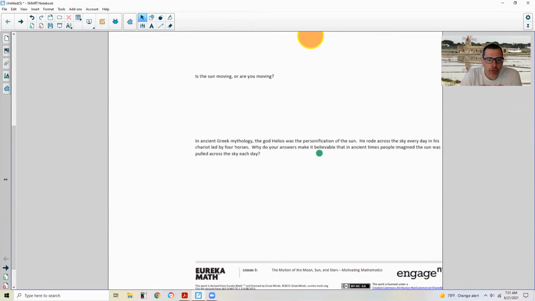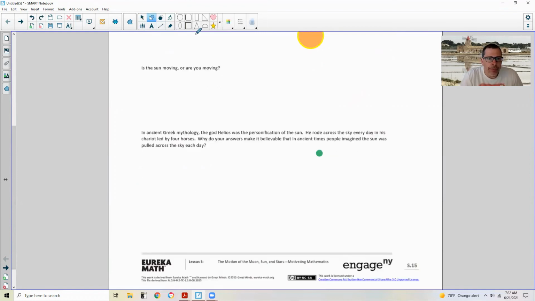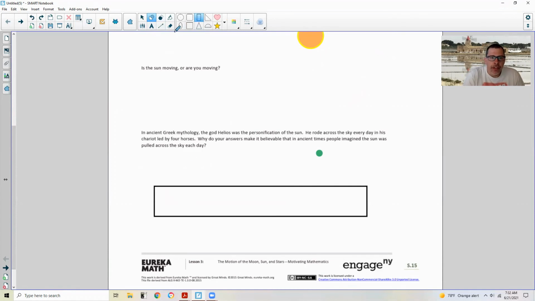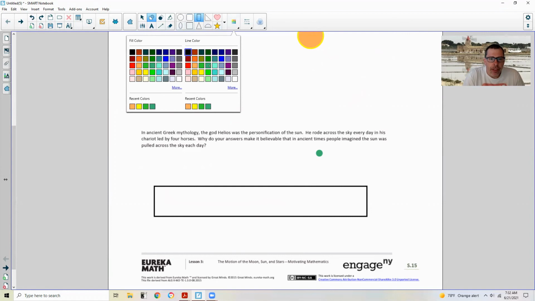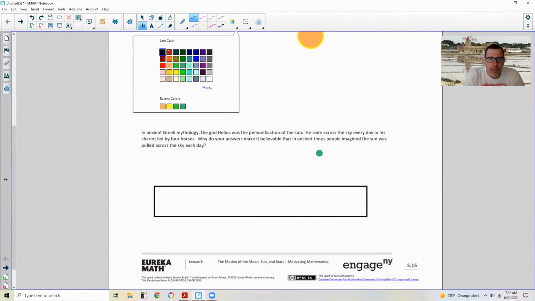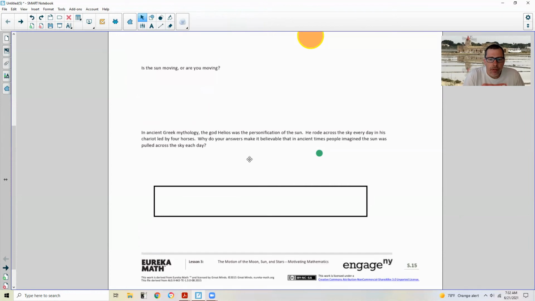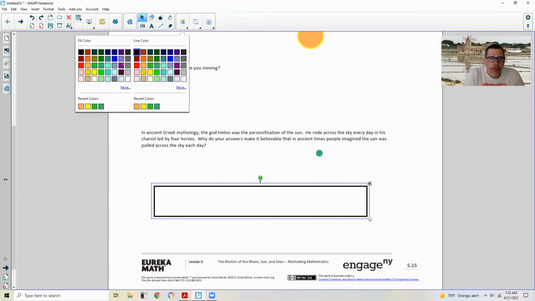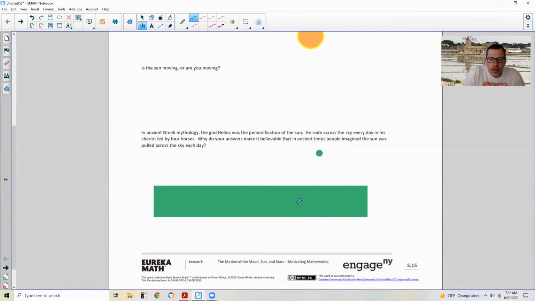So let me just do this. Let's everybody think that this is the Earth. Let's make it green. Okay. So here's the Earth's surface. Okay, so if I were here on the Earth, it appeared the sun was going like so across the sky.